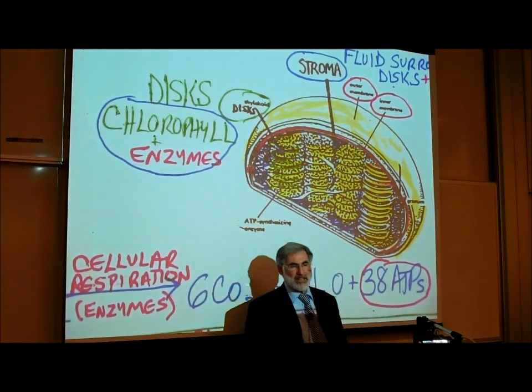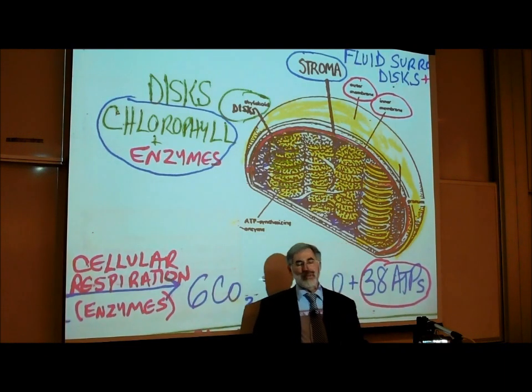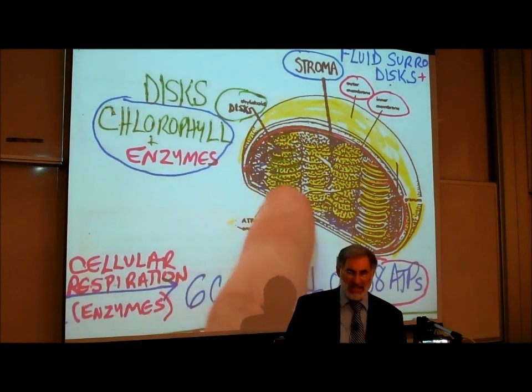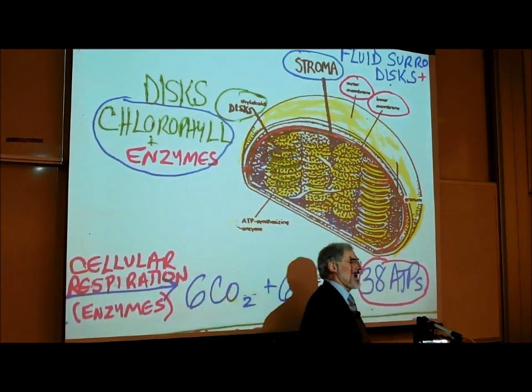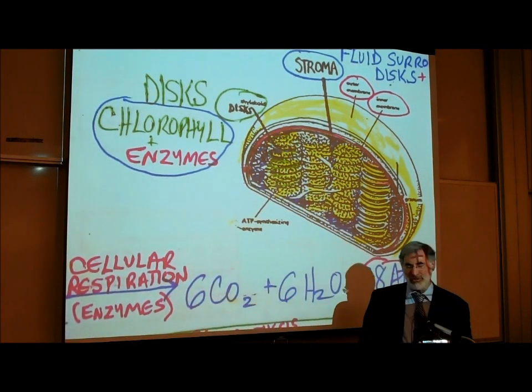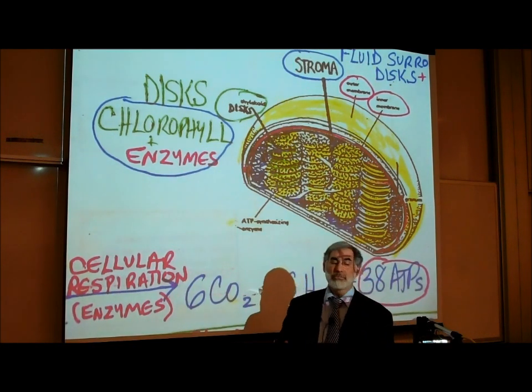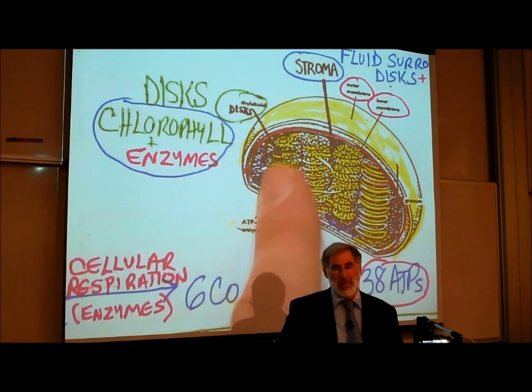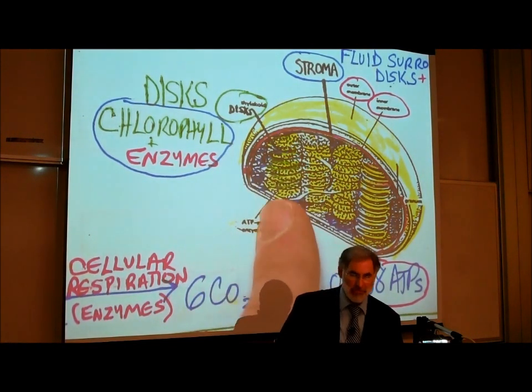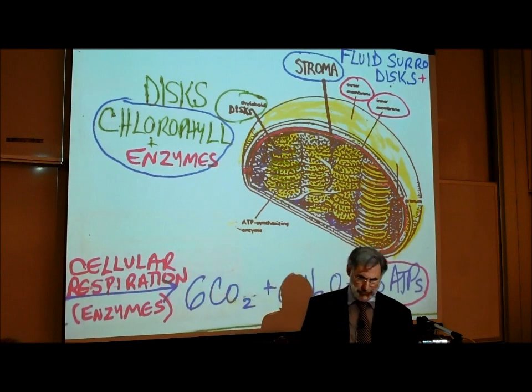The green-colored chemical called chlorophyll, and chloro means green, is inside these discs, along with a bunch of enzymes. Now, the function of chlorophyll, as we're going to see in just a moment, is to absorb light energy. So the purpose of chlorophyll is to absorb light energy, and there's a whole bunch of enzymes for biochemical reactions.